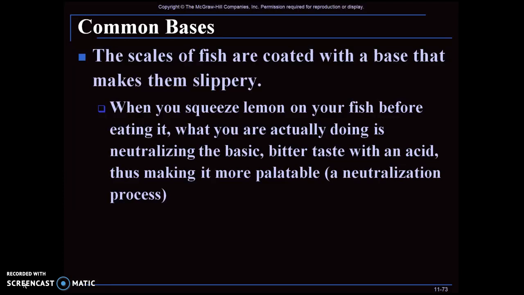So that's where we are adding the lemon, which is acid, to the bone of a fish, because the fish scales have a base coating on it. That's why whenever you try to hold the fish, it'll just kind of slip away from your hands because it has that base coating on it. That's the slippery nature.